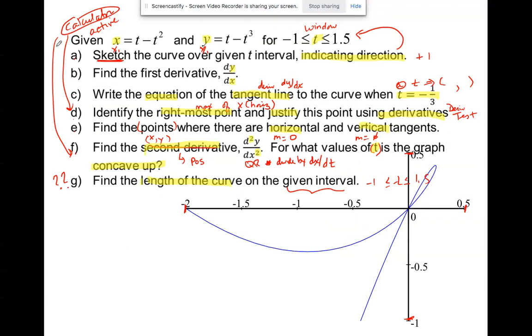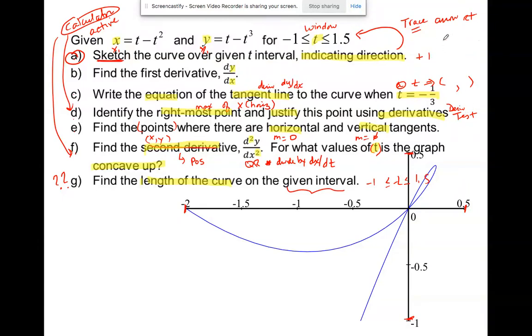Oh wait, I sketched the curve, but I was supposed to indicate direction. There's a rubric point for it. How you do that is after you sketch the graph, hit trace, arrow right, and see where the cursor goes.